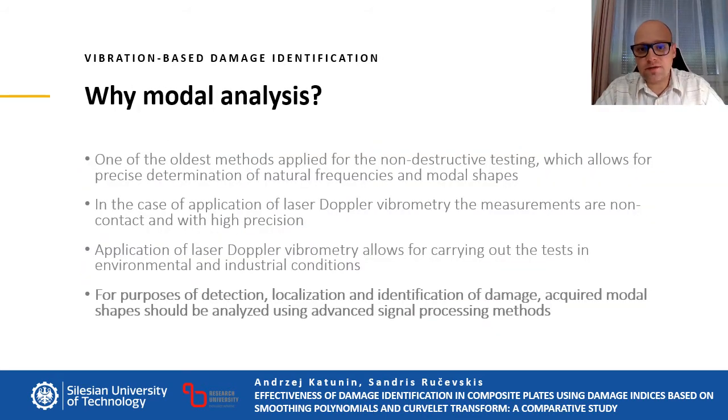Vibration-based damage identification methods, although the oldest from NDT methods, are still effective and are still used in identification of damage in mechanical and civil structures. Mostly they are based on modal analysis from which we can get three types of parameters: mode shapes, natural frequencies, and coefficients of damping.